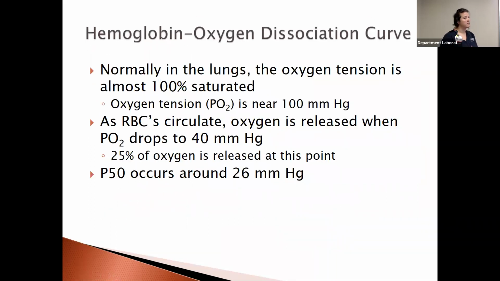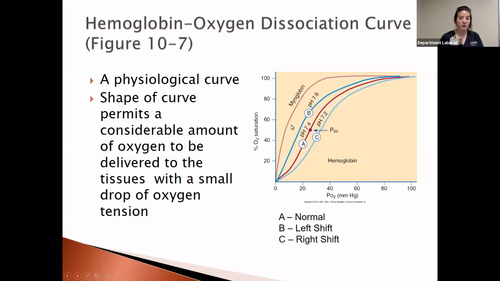Then as the red blood cells circulate, oxygen is released when your partial O2 drops to 40 millimeters of mercury, and in a normal situation about 25% of the oxygen has been released. Again, normally your P50 value is at about 26 to 27 millimeters of mercury.